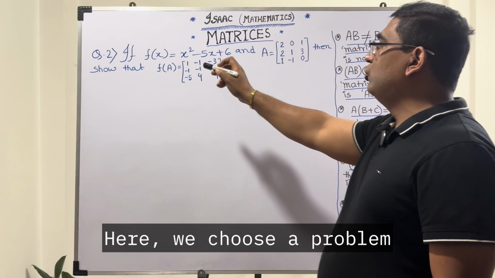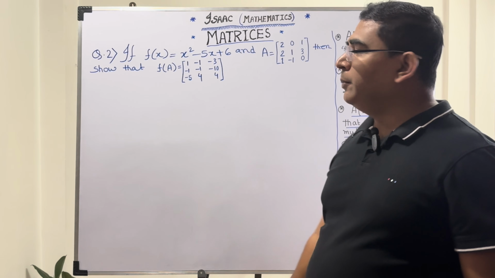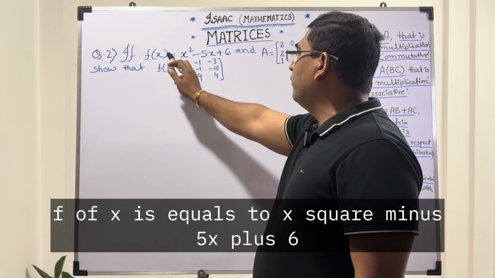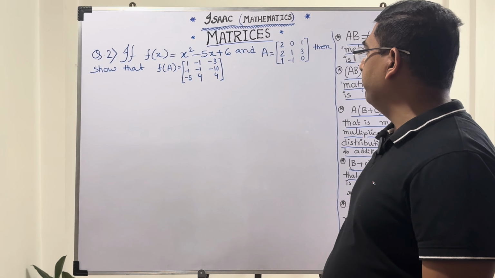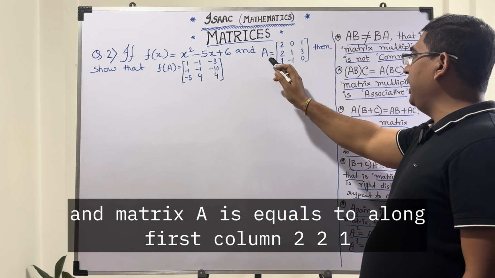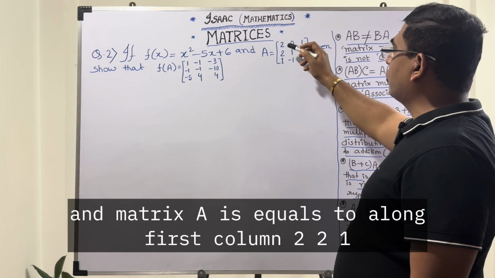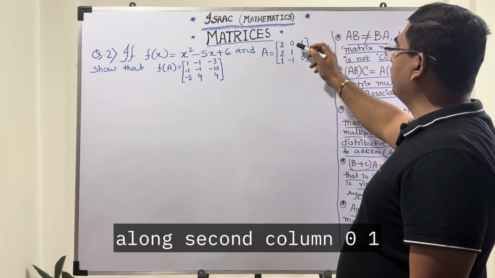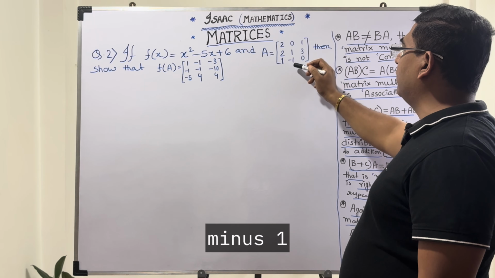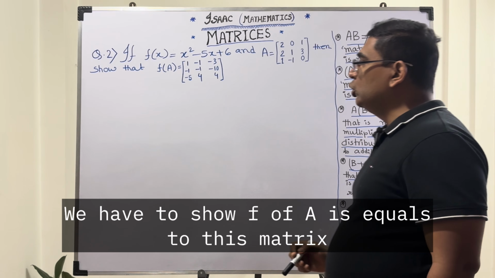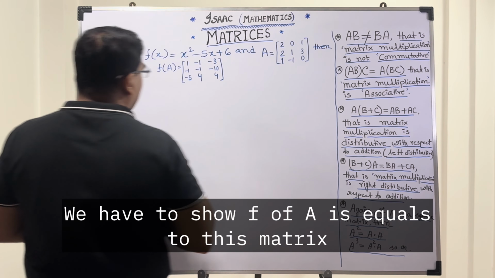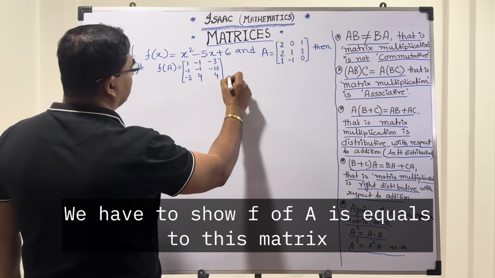Here we choose a problem. In this problem, f of x is equal to x square minus 5x plus 6, and matrix A is equal to, along first column 2, 2, 1, along second column 0, 1, minus 1, along third column 1, 3, 0. We have to show f of A is equal to this matrix.